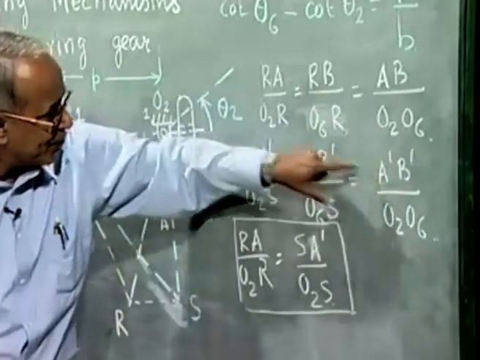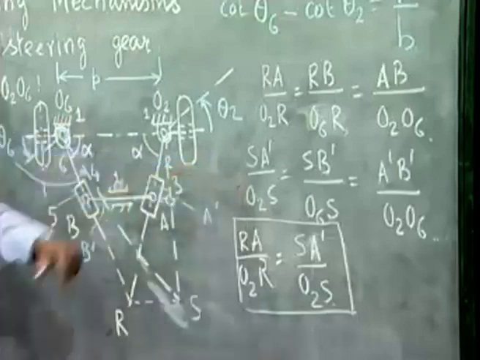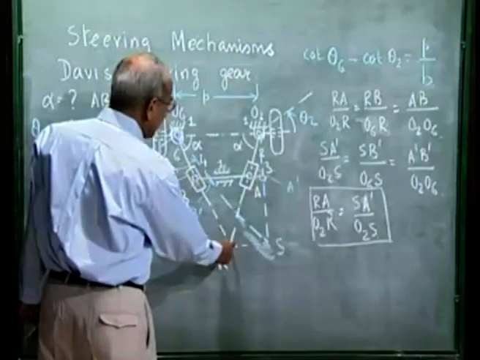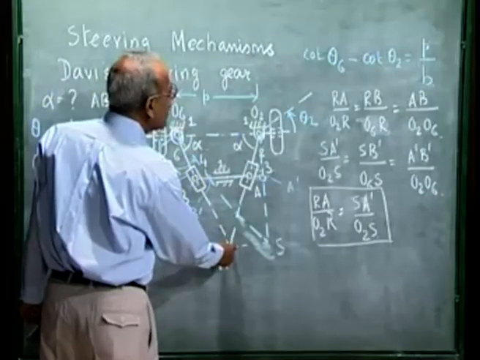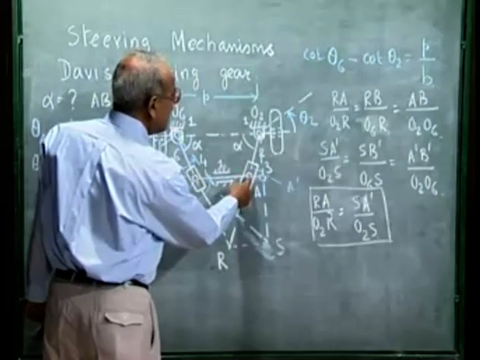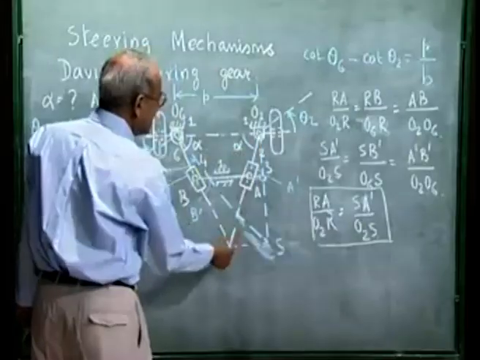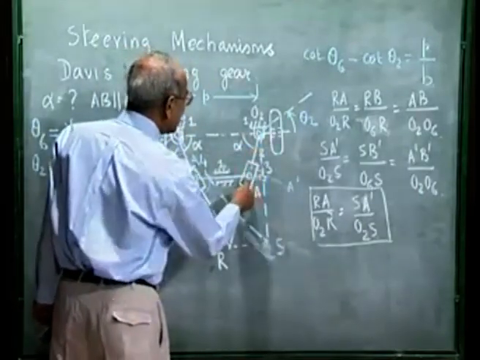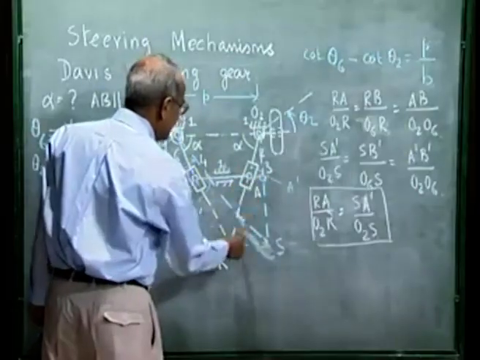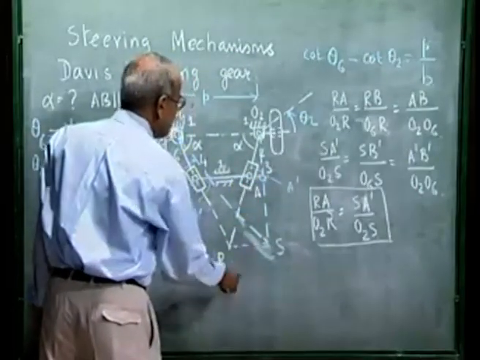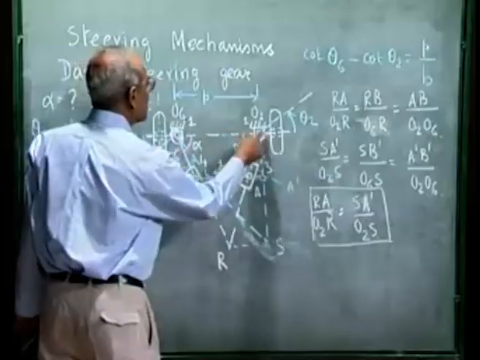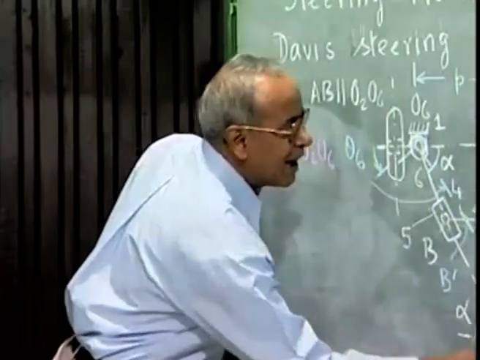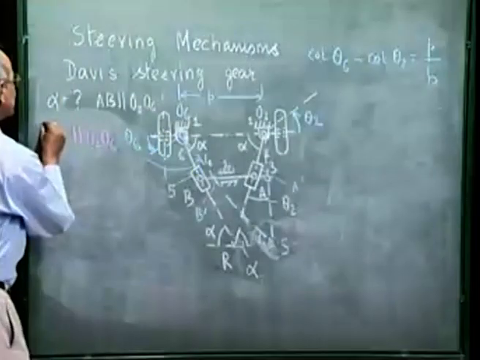AB is the same as A prime B prime, so this is equal to this. Now if RA by O2R is the same as SA prime by O2S, then I can say this line A prime is parallel to RS, which means RS is also parallel to O2O6. So we have just proved that this line RS is parallel to O2O6.